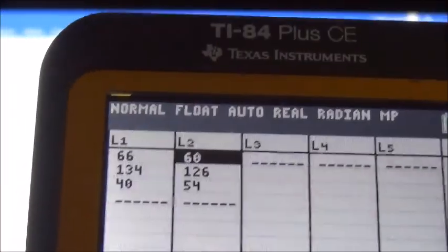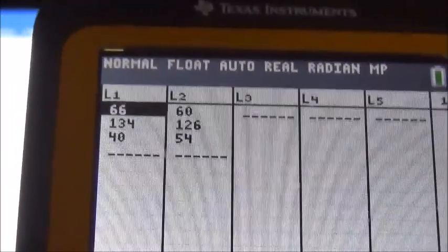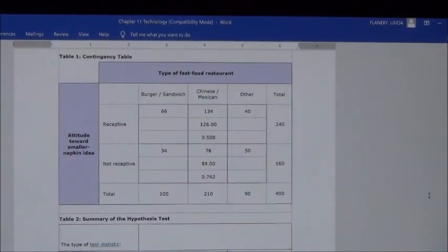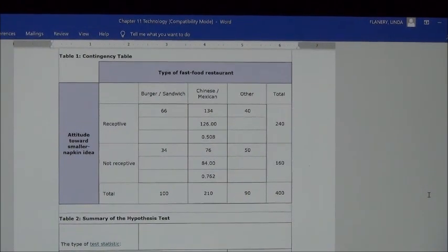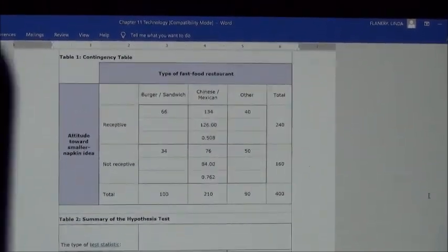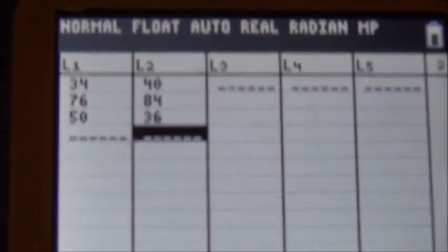So I'm going to go stat. I'm going to hit number 1 to get my list. And I am going to put in 34, 76, and 50. And then I'm going to do the expected values that I found. And so my expected values were 40, 84, and 36. Once I have those values in my calculator, I can go ahead and do my goodness of fit test.